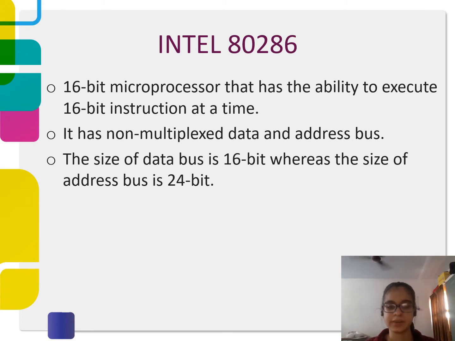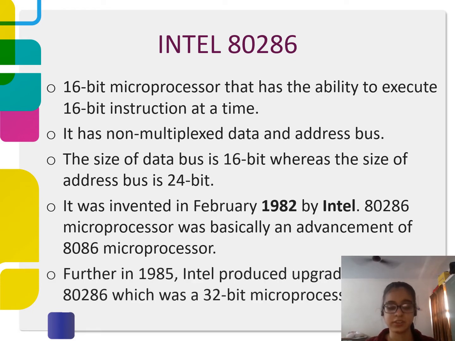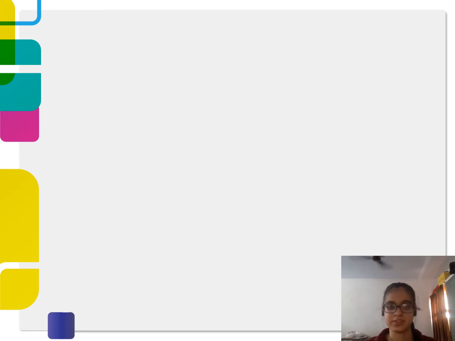The size of the data bus is 16-bit and the size of the address bus is 24-bit. It was invented in February 1982 by Intel. The 80286 microprocessor was basically an advancement of the 8086 microprocessor. Further, in 1985, Intel produced an upgraded version of 80286, which was a 32-bit microprocessor.